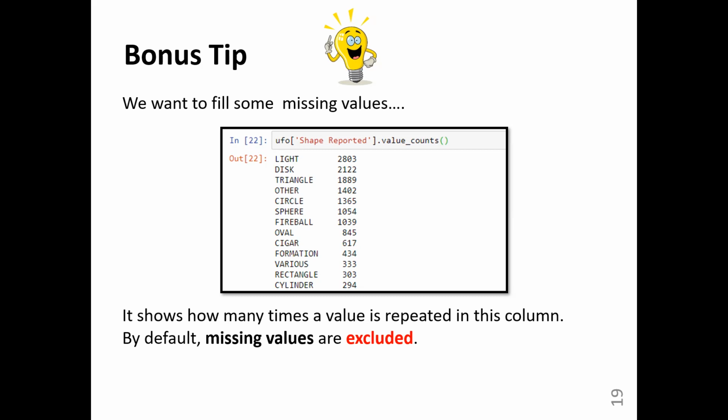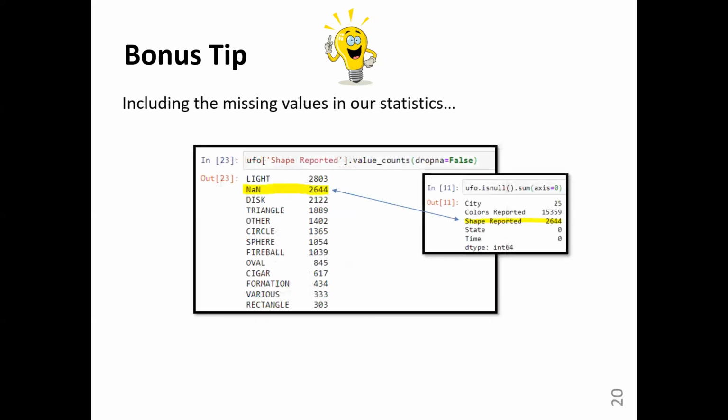Okay, Megan, could you find the answer for the question that you asked? Take your time, let's go to the next part. If you say dropna equal to false, it is going to show you the null values. We have 2,600 some values that are null, right?